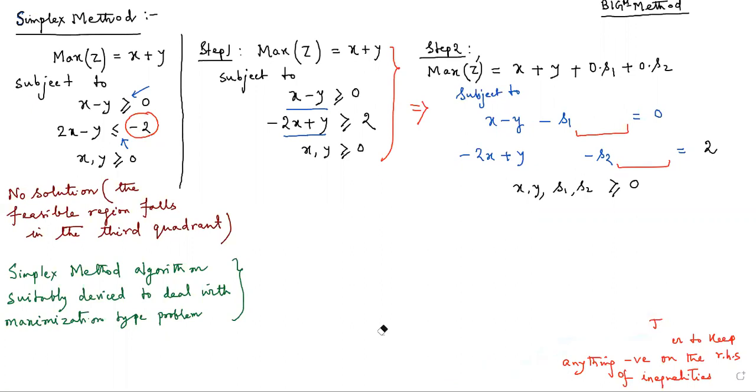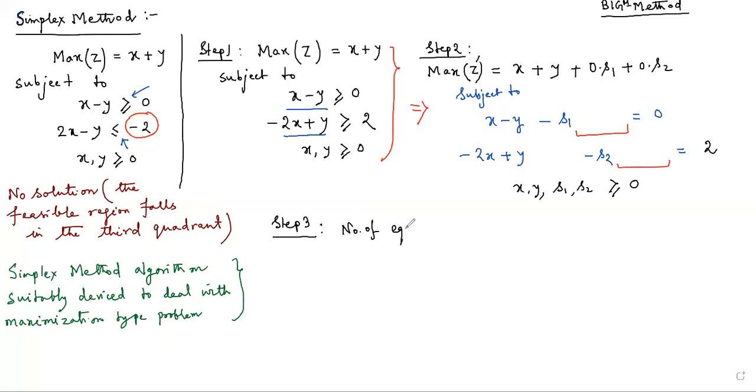As you know, step number 3 says that you are going to count the number of variables and number of equations from here. So the number of equations at this stage is equal to 2, and the number of variables is 1, 2, 3, 4. 4 variables.